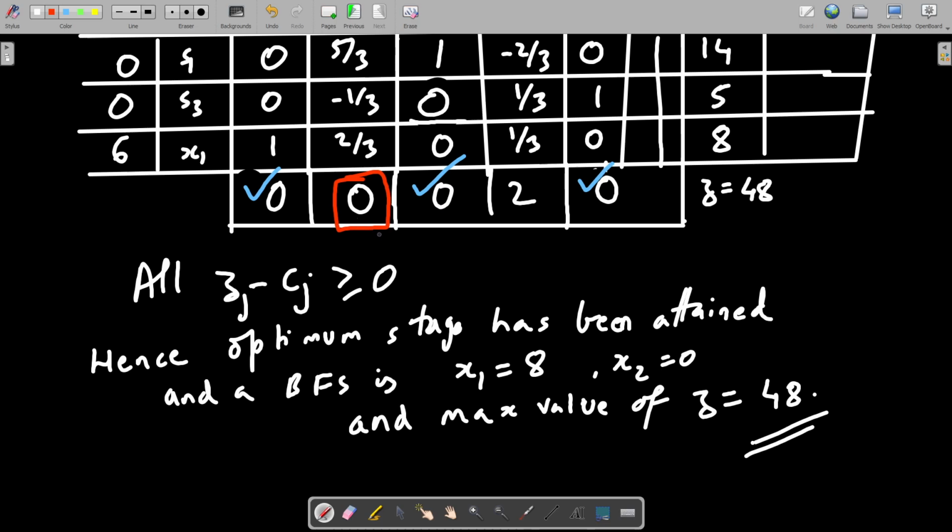But the corresponding x2, this corresponds to x2, right? x2 has the net evaluation 0, but it's not in the basis. So what do we do here now? We can find an alternate solution.